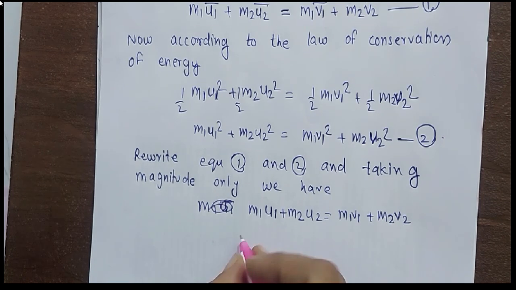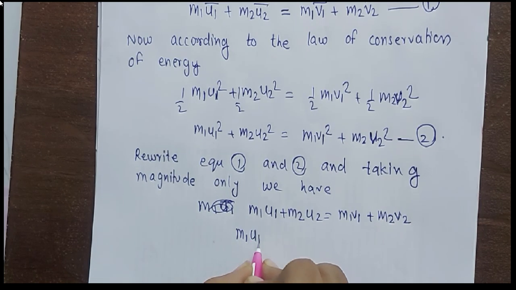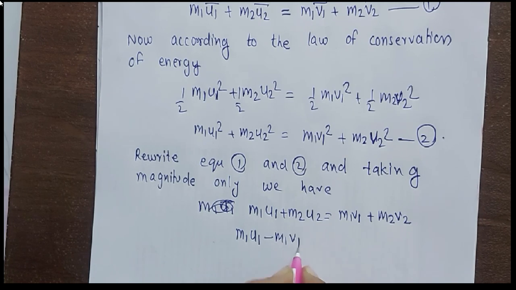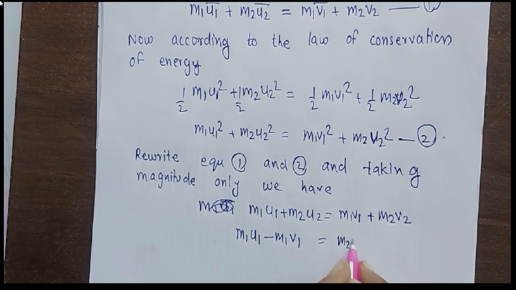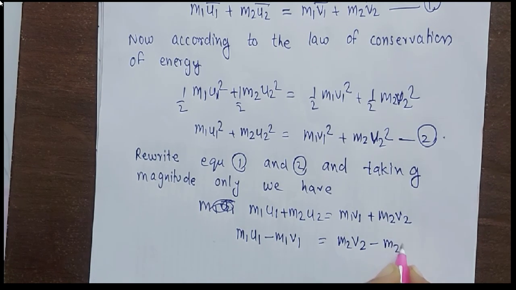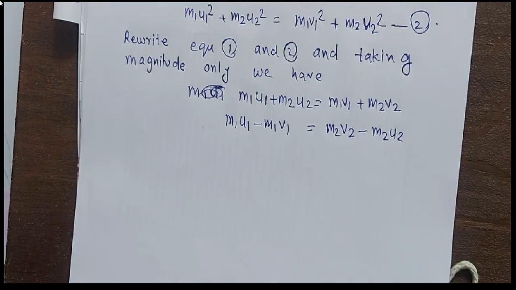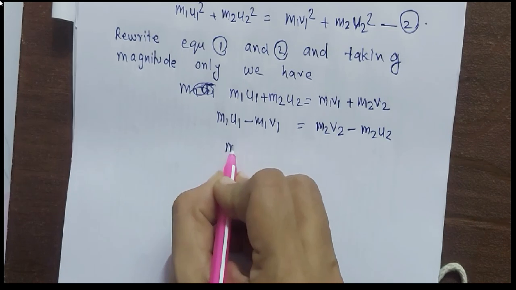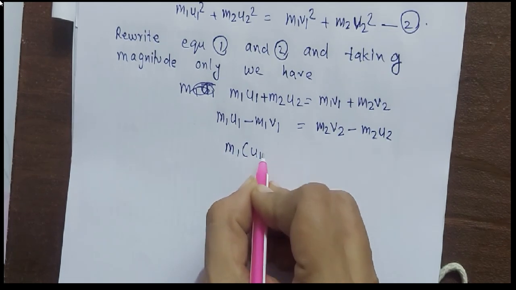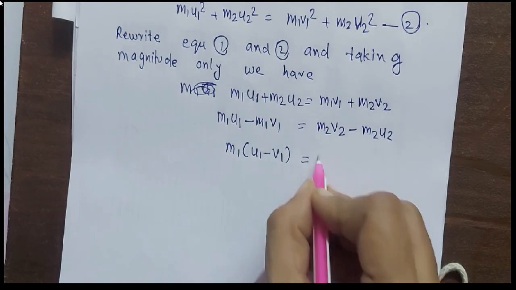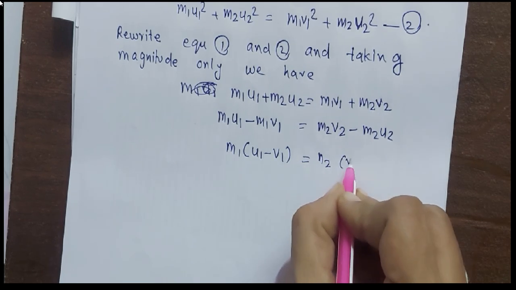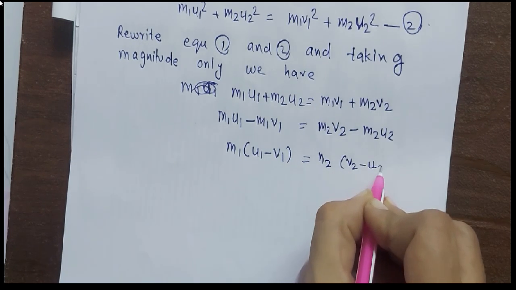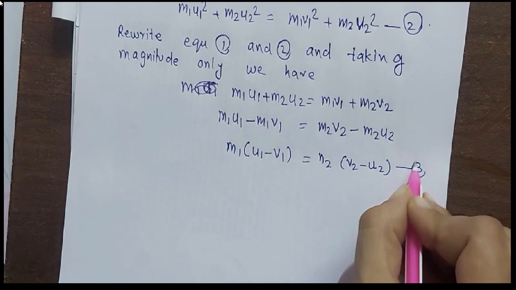We will collect m1 terms over here: m1 u1 minus m1 v1 is equal to m2 v2 minus m2 u2. From this equation, taking m1 common, m1 times u1 minus v1 is equal to m2 times v2 minus u2. This is equation number 3.